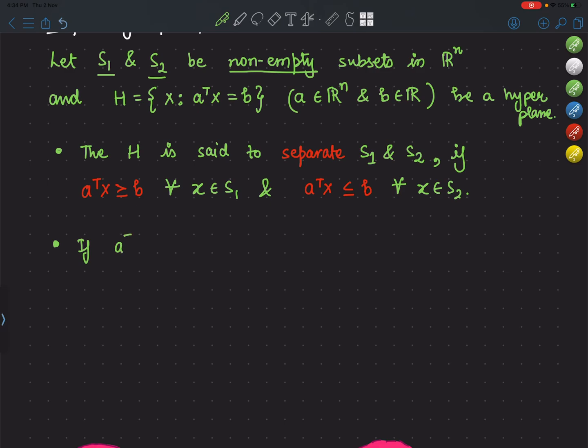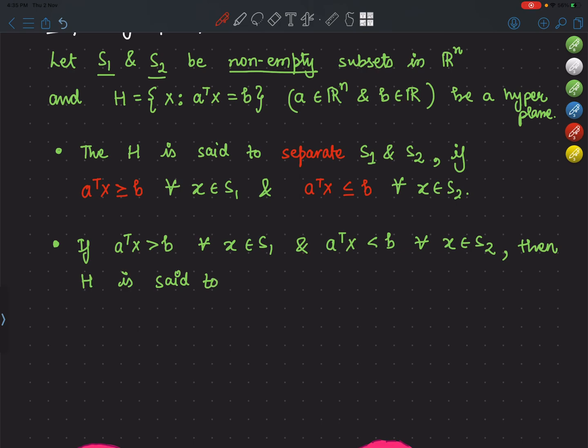If A transpose X is greater than B for all X belonging to S1, and A transpose X is less than B for all X belonging to S2, then hyperplane H is said to strictly separate S1 and S2.